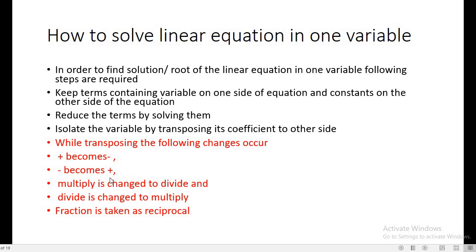Plus becomes minus and minus becomes plus. Similarly, multiply becomes divide and divide becomes multiply. But if there is a fraction, then it will be taken as reciprocal when transferred to the other side.